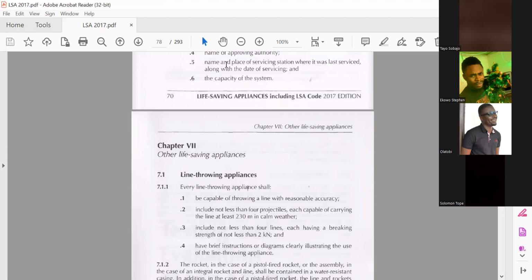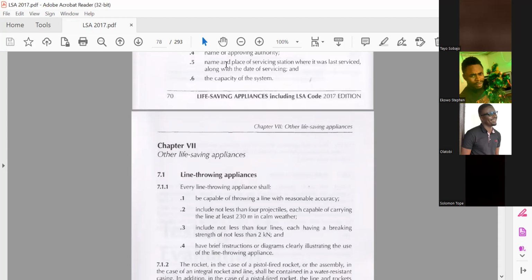All right, thanks to Olatobi. We appreciate you guys. Again, the idea is nothing you see on the ship is decoration. It's there for a reason, so don't say we don't need it. Sometimes when I used to do inspection, they would say, oh, the EPIRB is not working.